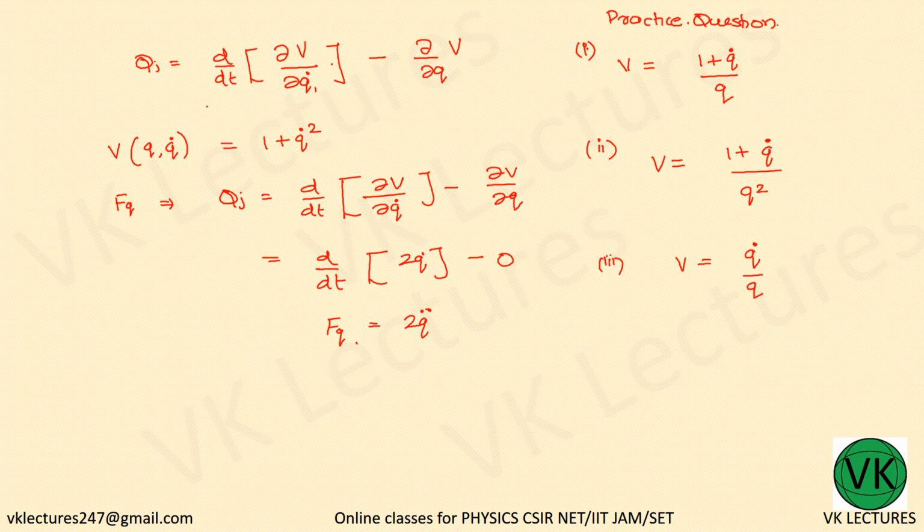Answers to the questions: the first one you should get as 1 by q square. For the second question, the answer is 2 by q cube, and for the third it's 0. So try to get these answers and please let me know.